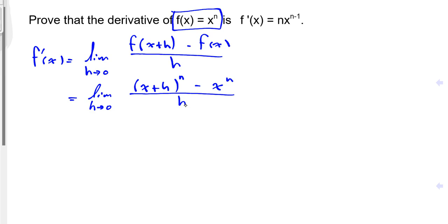Good? Now, how can we simplify this? From all the questions you've done, you know that we want to expand the numerator, collect the like terms, get this x to the exponent n to cancel out, so all my terms have h's, so I have a common factor of h. So how do we expand this?